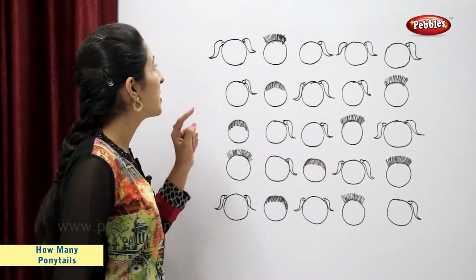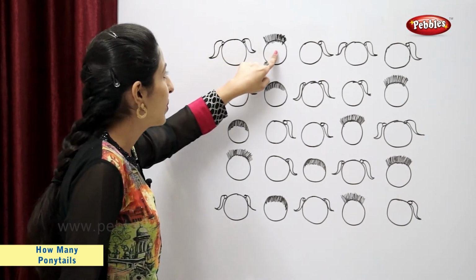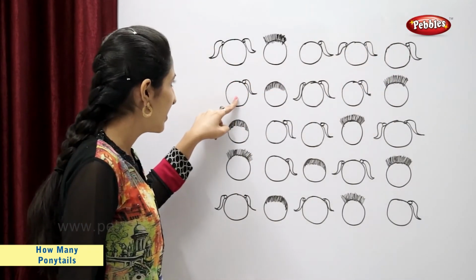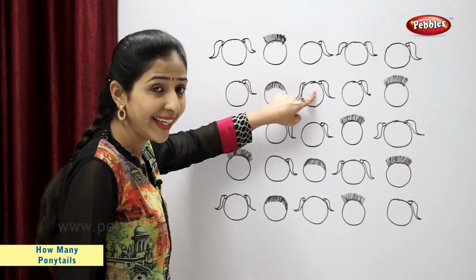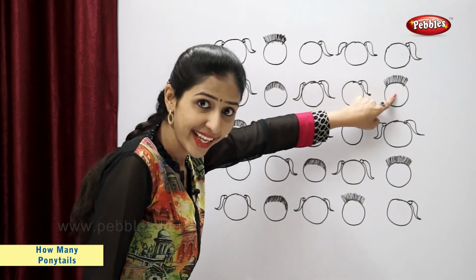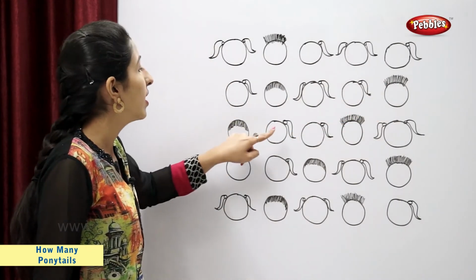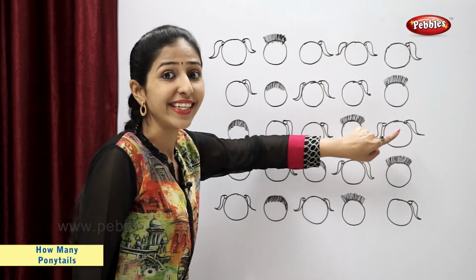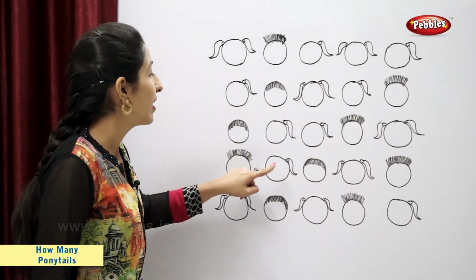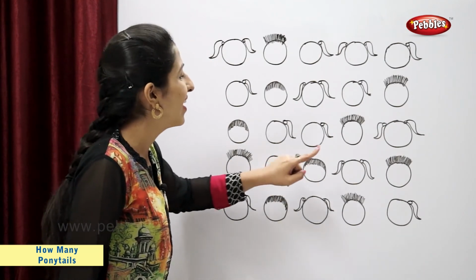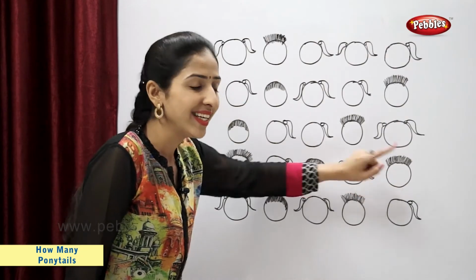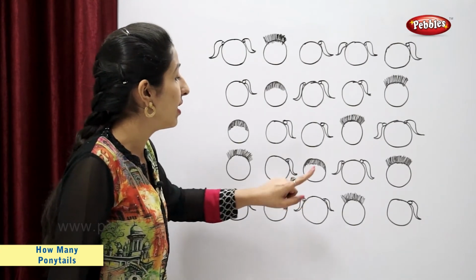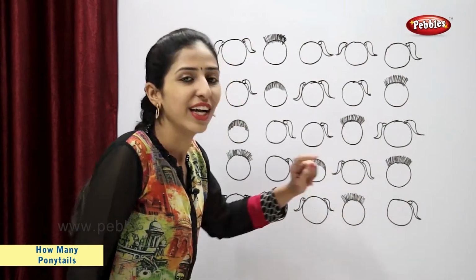Let's count. 1, 2, 3, 4, 5, 6, 7, 8, 9, 10, 11, 12, 13, 14, 15, 16, 17, 18, 19, 20, 21, 22, 23, 24 and 25.